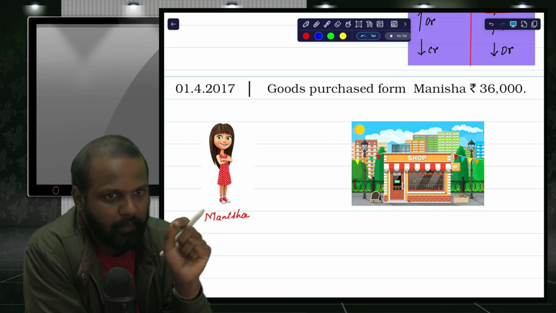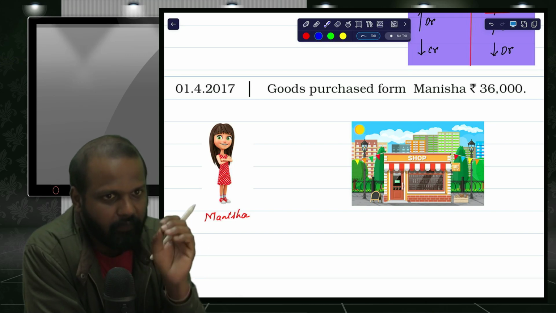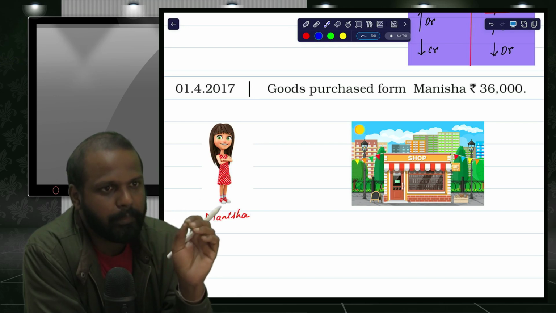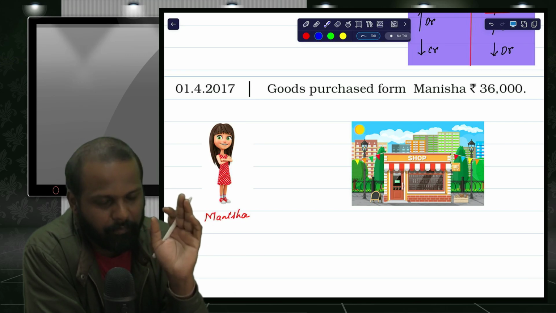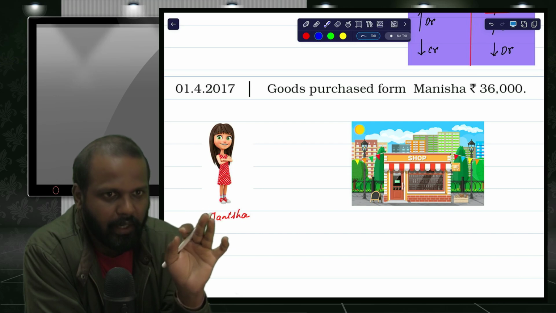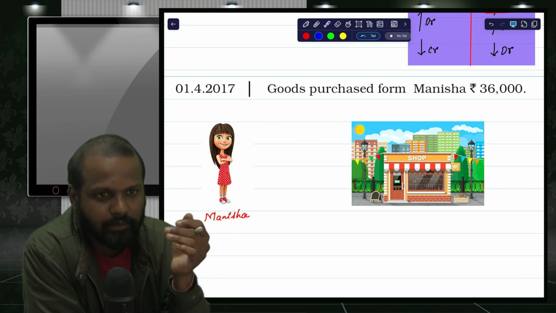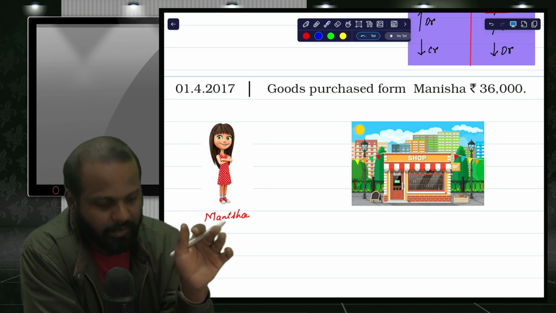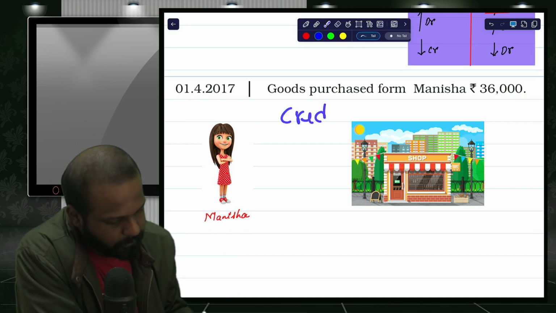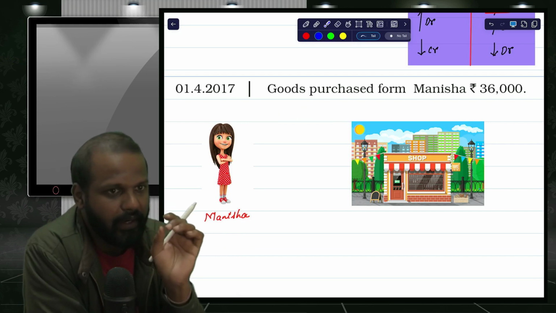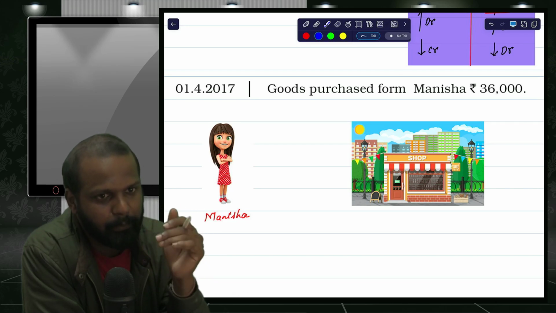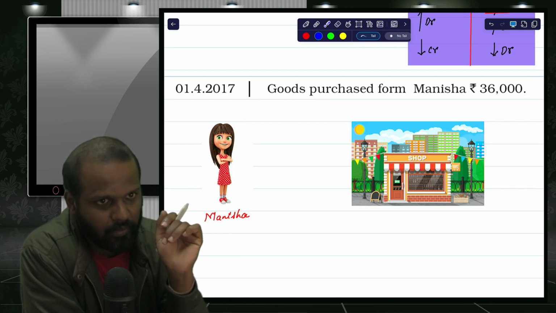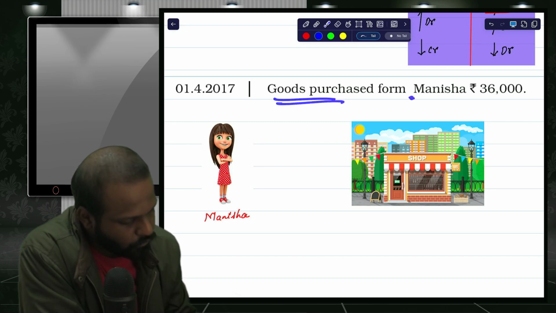So if you remember, we discussed that whenever in the question only the name of the party or name of the person is being given, and nothing is mentioned regarding cash being paid or not paid, then it is going to be a credit transaction. So we have purchased goods from Manisha on credit.